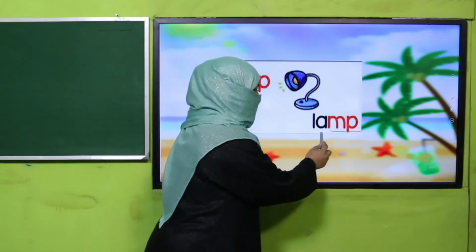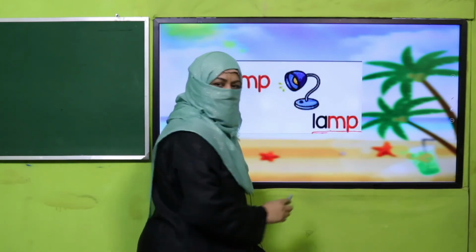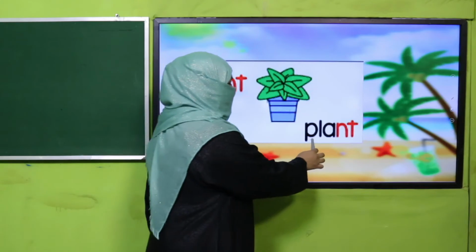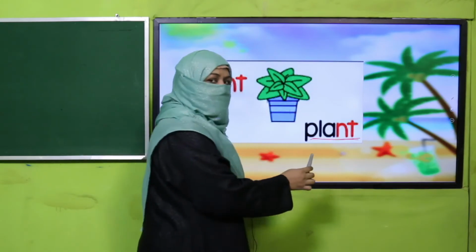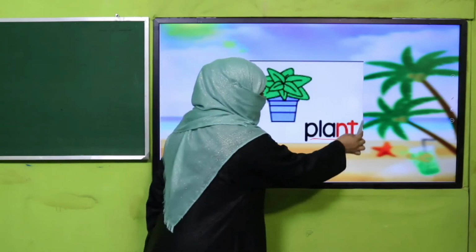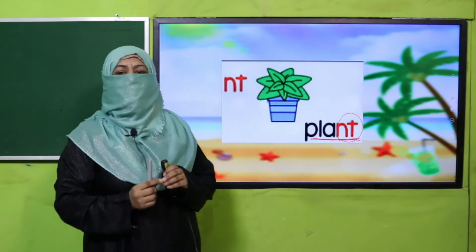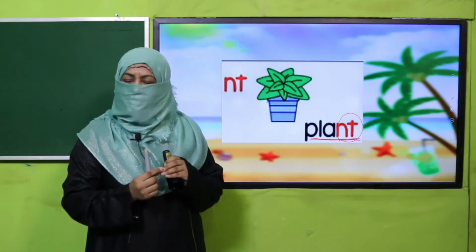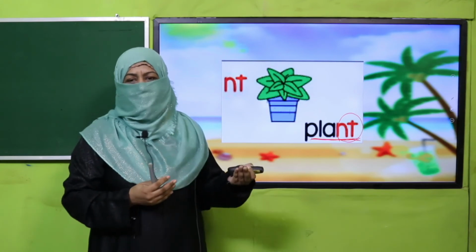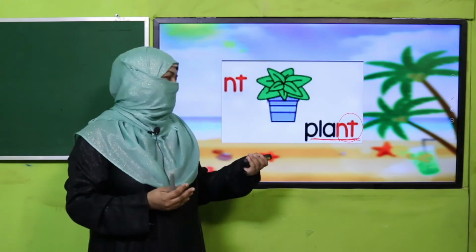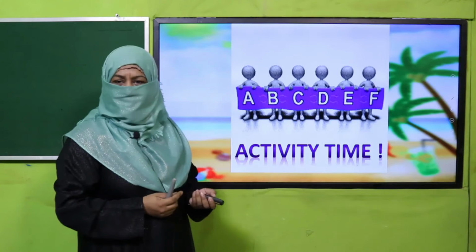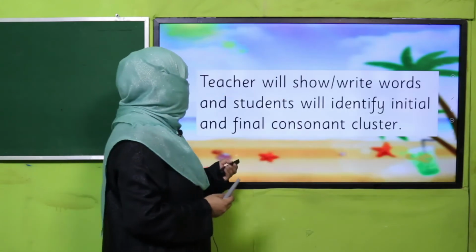Lamp, lamp, lamp. Plant, plant, you see, plant, right? So this is how we first identify the consonant cluster and then we pronounce it. Are you clear with the concept? All right. So let's practice it through an activity.